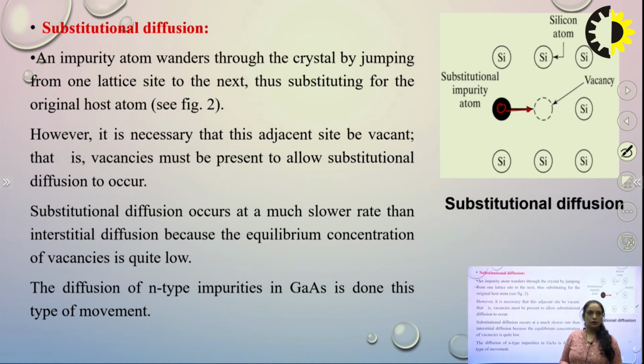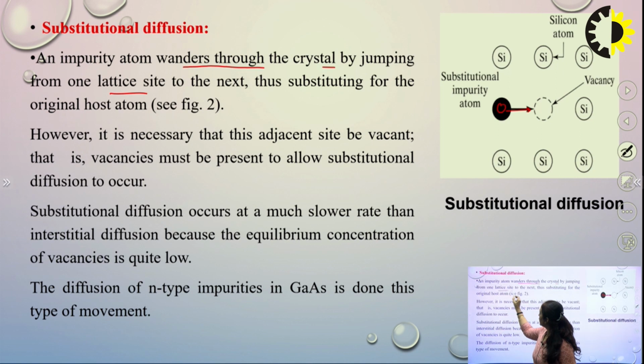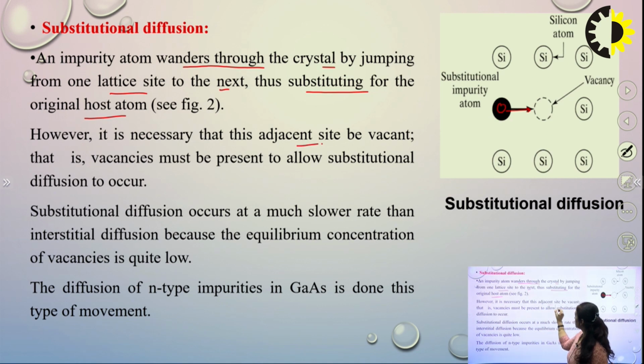So this is known as substitutional diffusion, I have already told. So an impurity atom walks through the crystal by jumping from one lattice site to the next, thus substituting for the original host atom. However, it is necessary that the adjacent site must be vacant, and vacancies must be present to allow the substitutional diffusion. So this type of diffusion, as we have already mentioned, is vacancy dependent.